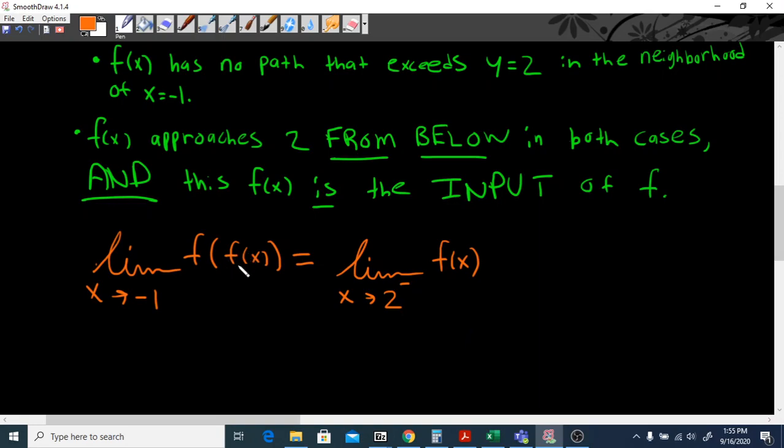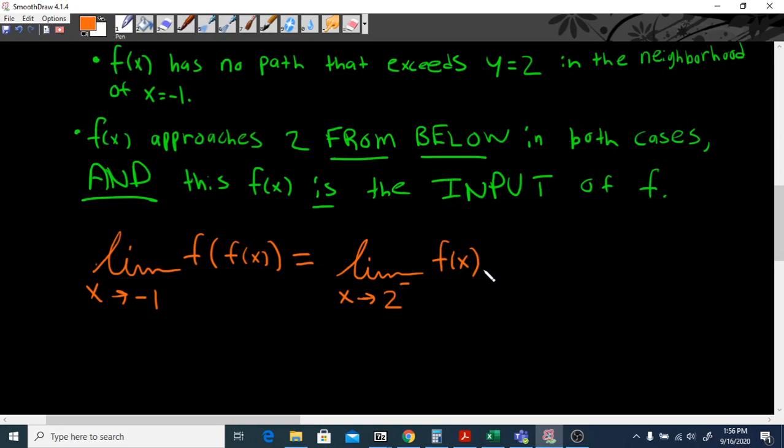Okay? Because we evaluated this limit and we got 2, but neither side, the left side of -1 or the right side of -1, never exceeded 2. So it never approaches 2 from above. So we are forced to only consider the limit as x approaches 2 from below. In other words, 2 from the left.